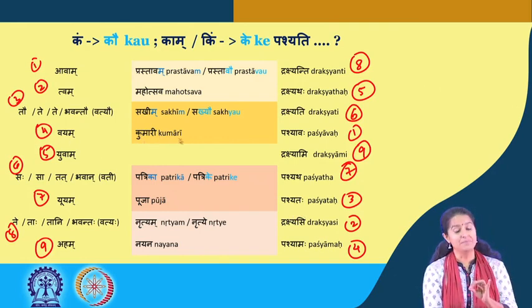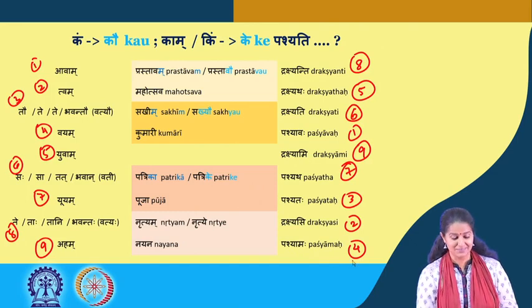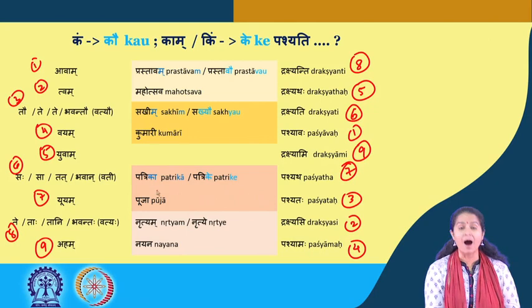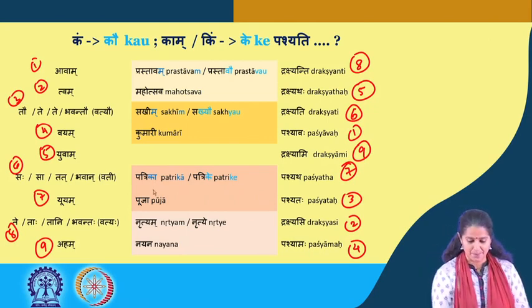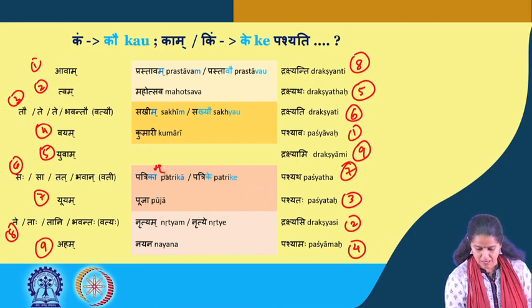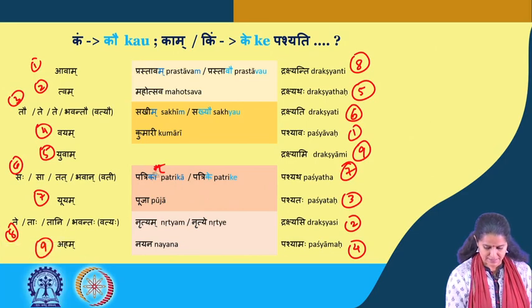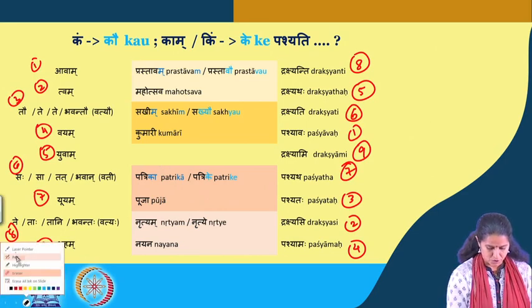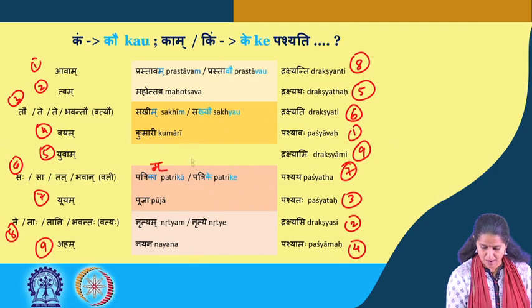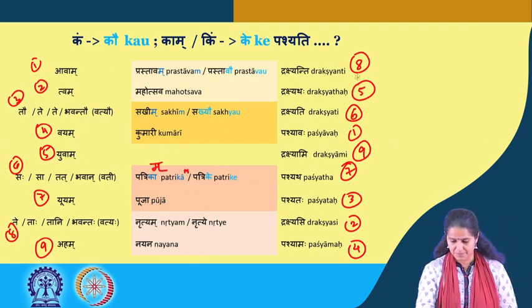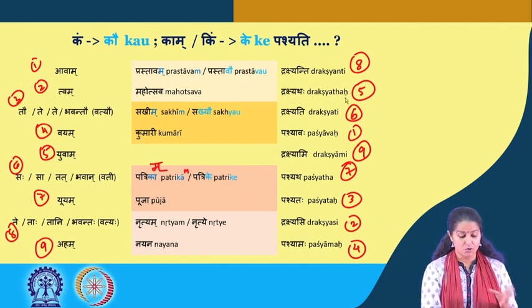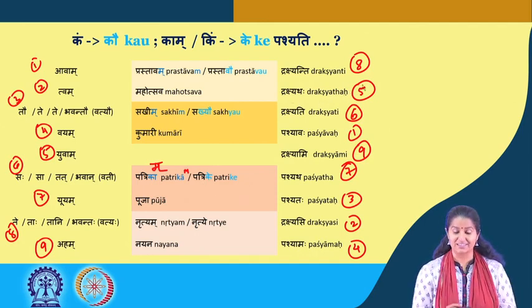Vayam kumarim pashyamaha. Vayam kumaryau pashyamaha. Uttamam. Yuvam patrikam. Patrikam in the feminine for the second. So yuvam patrikam becomes drakshataha. Yuvam patrike drakshataha.